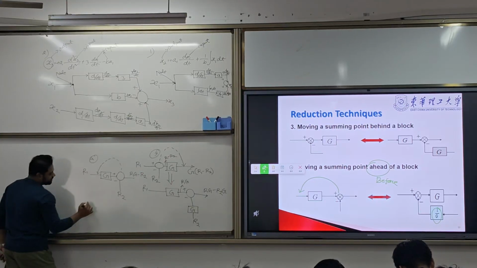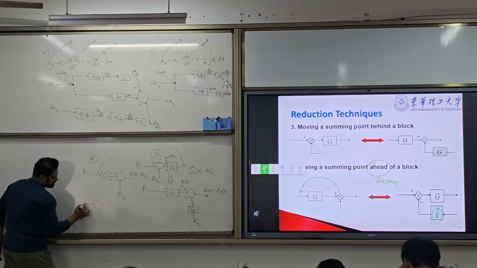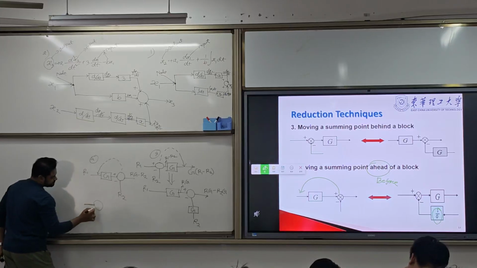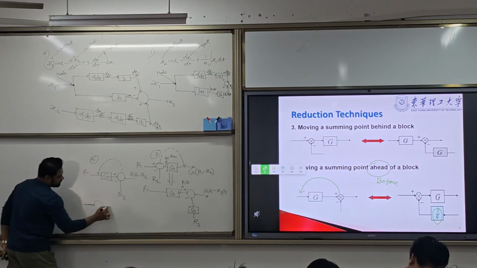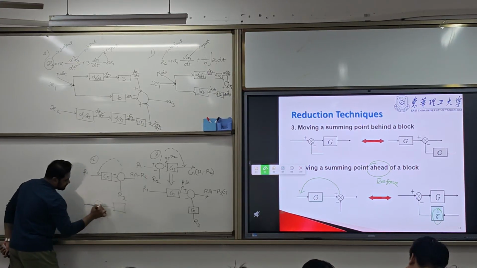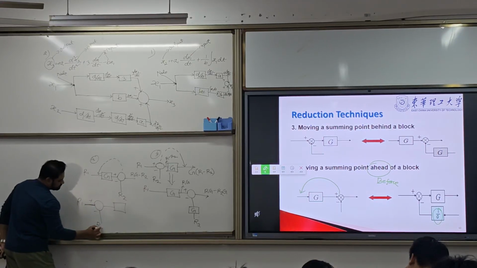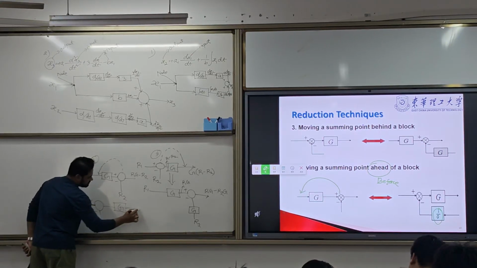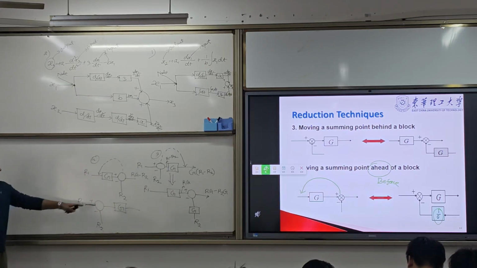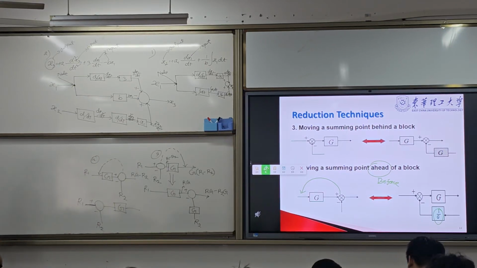Now if I want to move this before, how will it look? This summing point will be here. So here we have a summing point, here there will be the gain, and this takes plus minus R1, R2. Now what is the output?